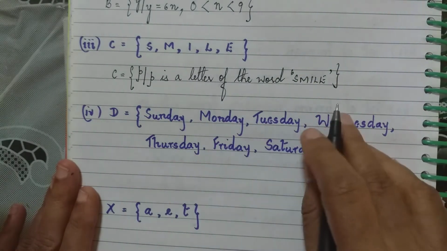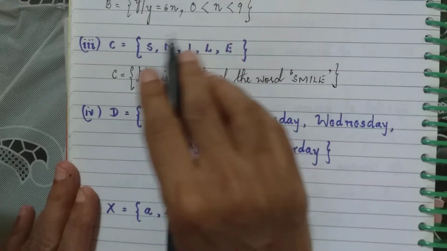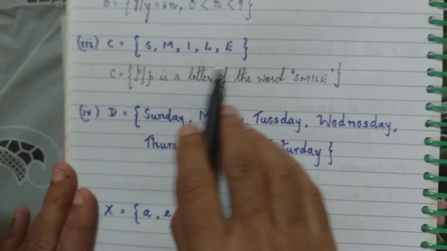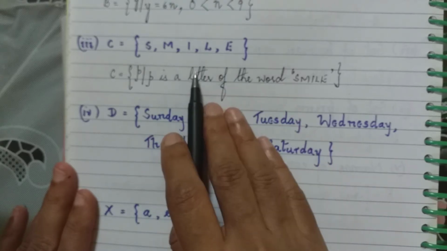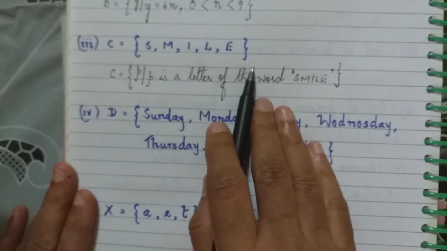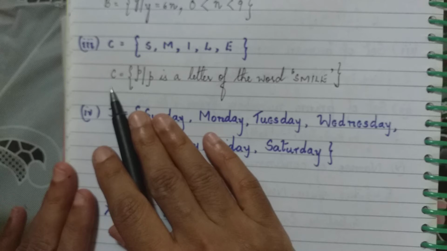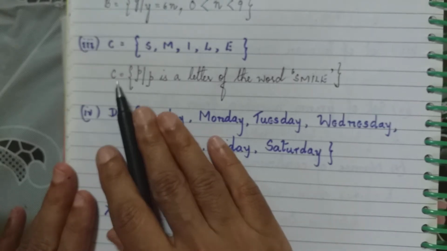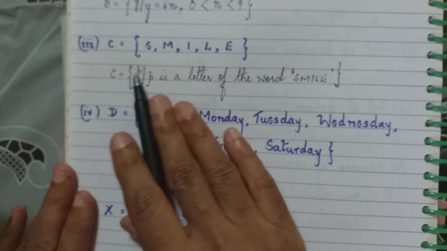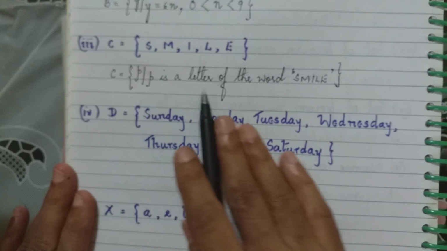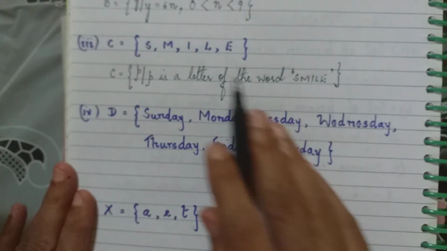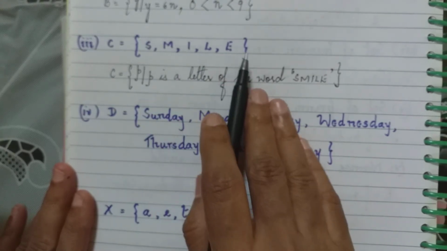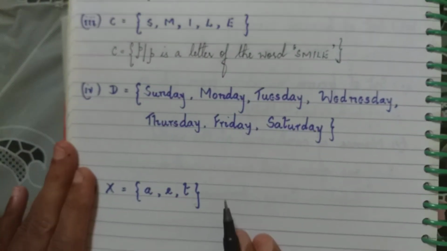Is there any other way we can write this? If you see, all these letters of this word also form the letters of the word miles. So we can also write C is a set of all P such that P is a letter of the word miles. Still it would be right because the order of the alphabets is not important.